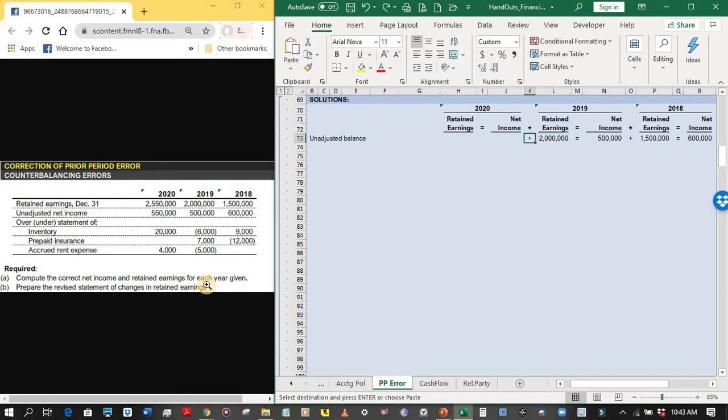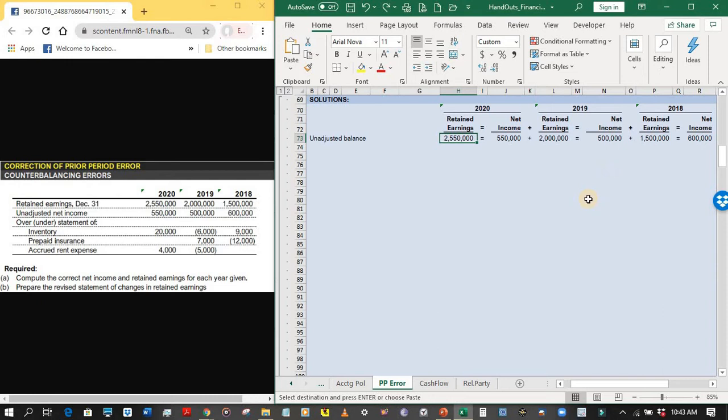Then add the net income in 2020, which is 550,000 pesos. So our retained earnings at the end of 2020 is 2.55 million pesos. So again, this formula is based on the assumption that there is no dividend payments.